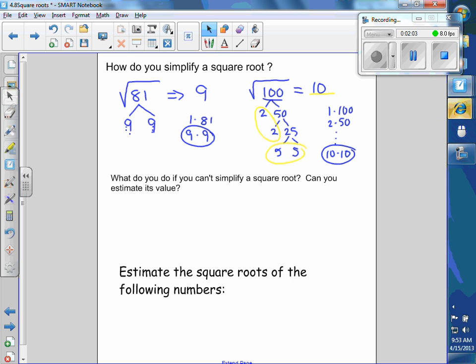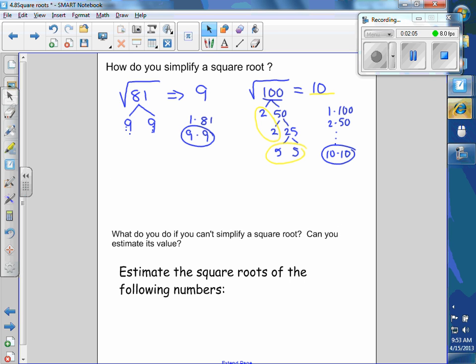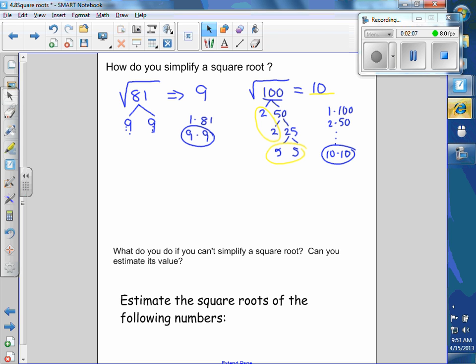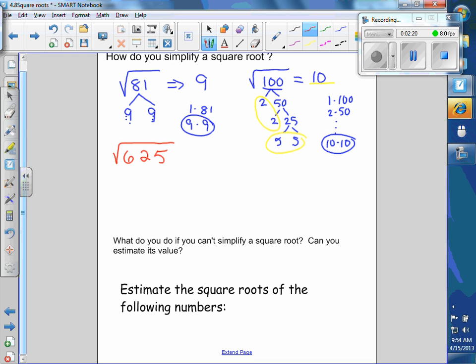There were some problems I was starting to do the other day that we didn't have tons of time on. Like, let's say 625. Sometimes you don't know the factor pair. You just might not know it. So you have to decide, is this 625 a perfect square?